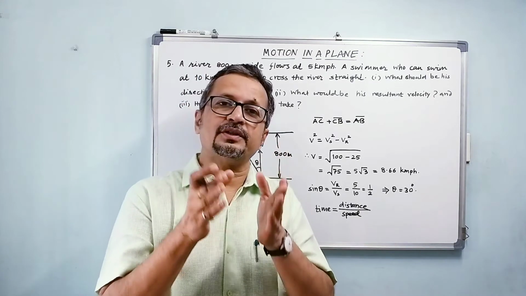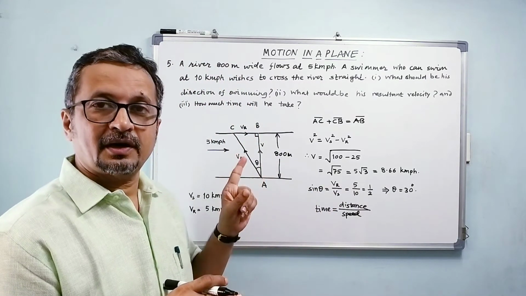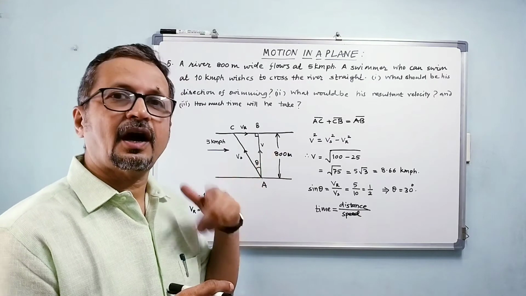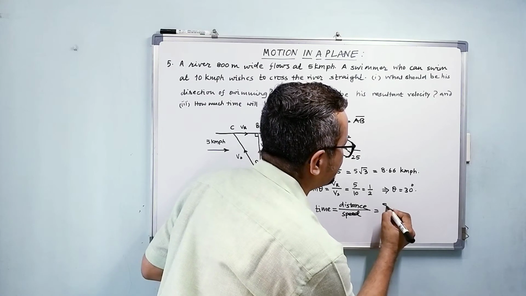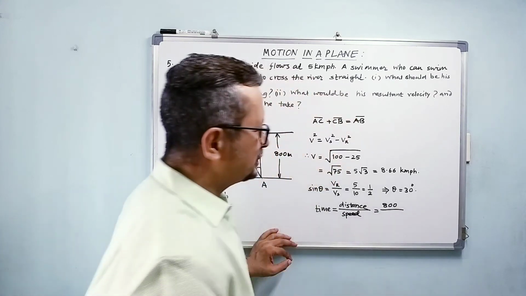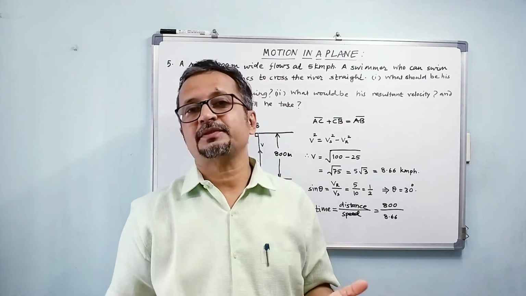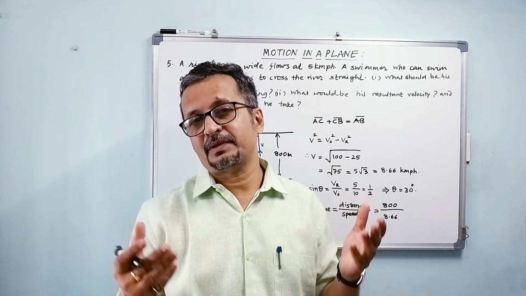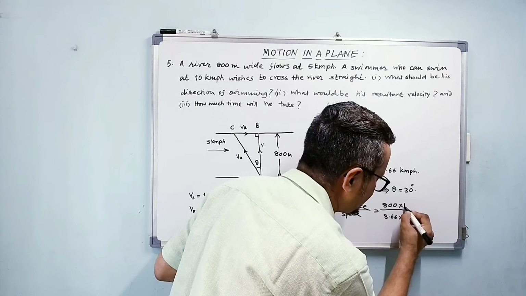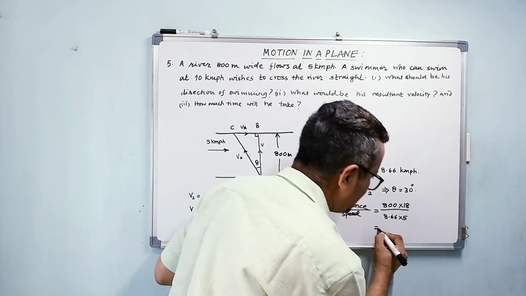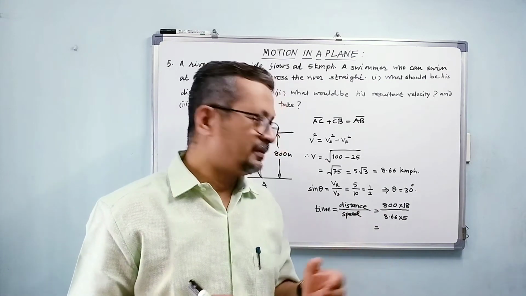Either you convert that speed into meter per second, or you take this distance in kilometer and you get your answer in hours. But let us do simple things. My distance is 800 divided by speed 8.66. For converting into meter per second, I multiply by 5 upon 18. So my 5 will come here and 18 will come here. Now this calculation you can very easily do on your calculator and write your answer.